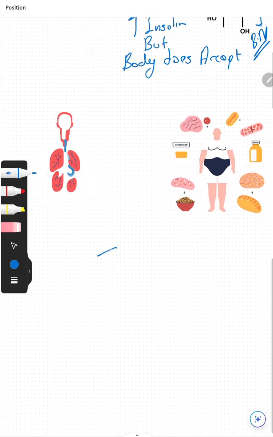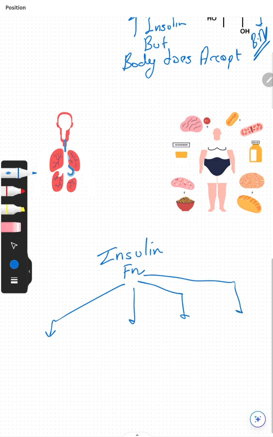Now, insulin's functions can be divided into four types. First, it regulates the blood sugar level.